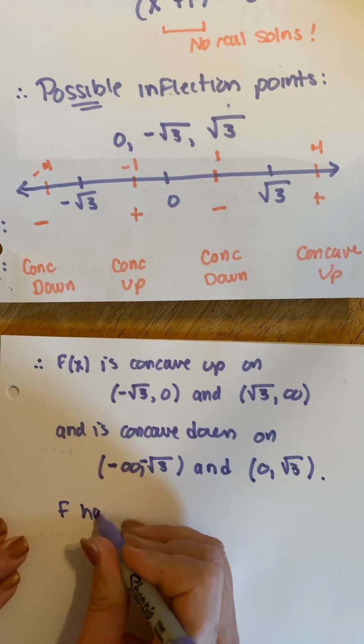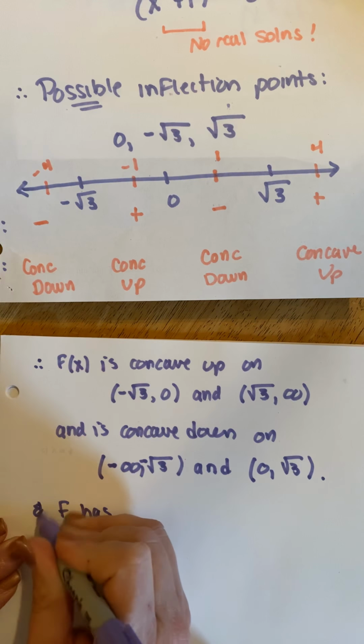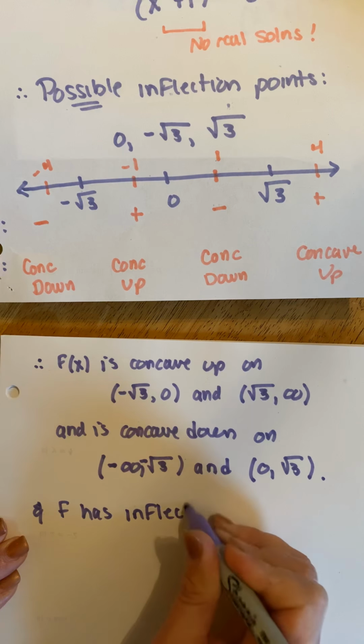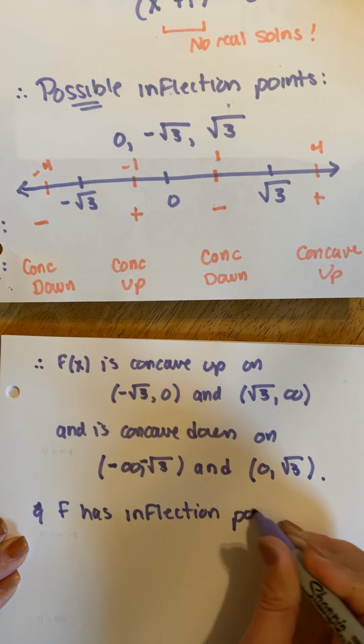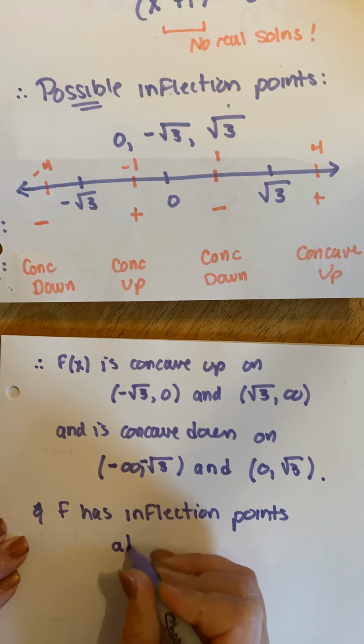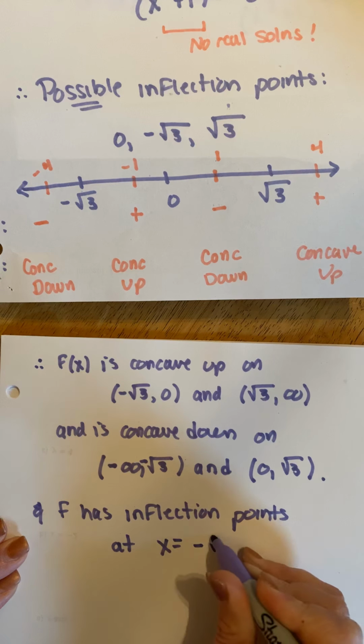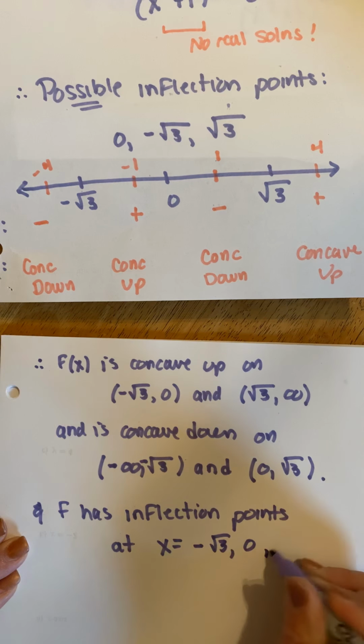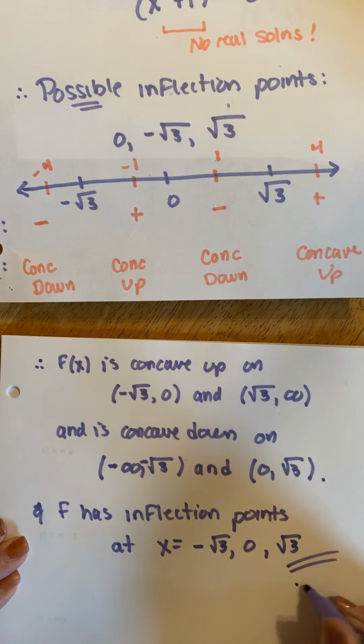F has inflection points at x equals negative square root of 3, 0, and the square root of 3.